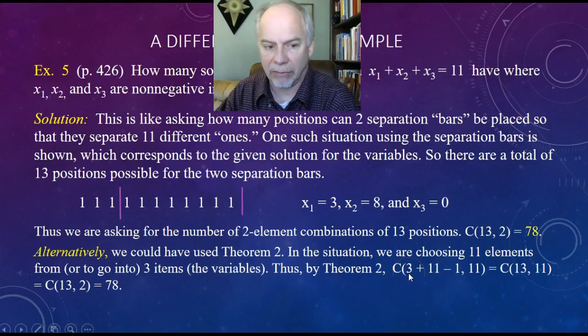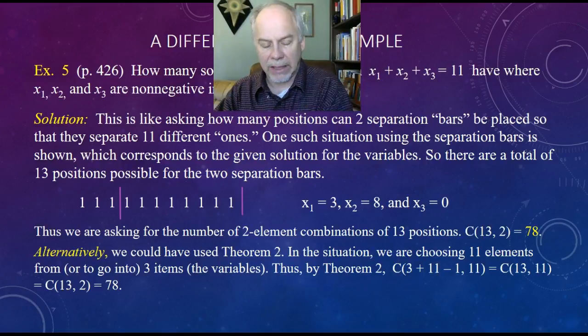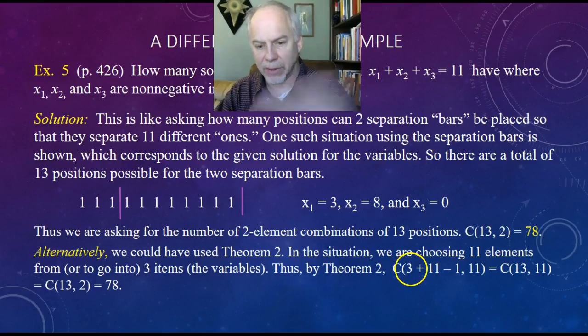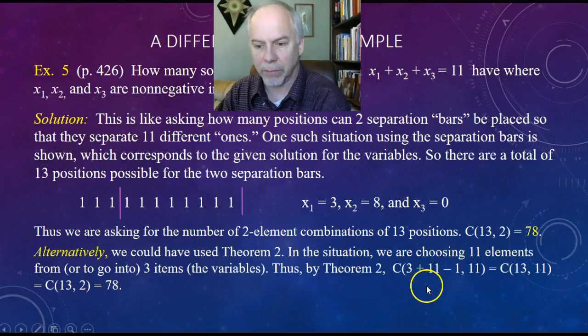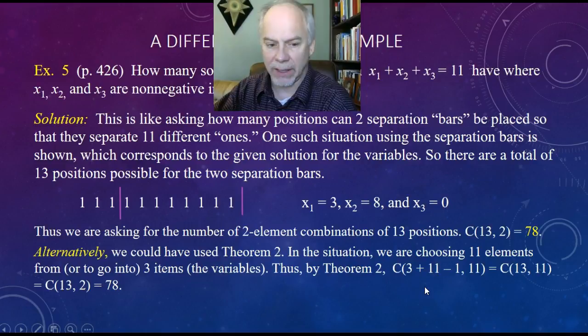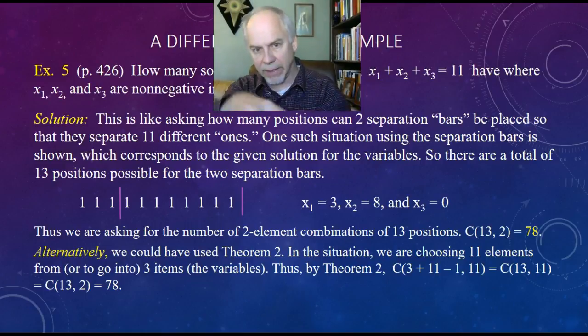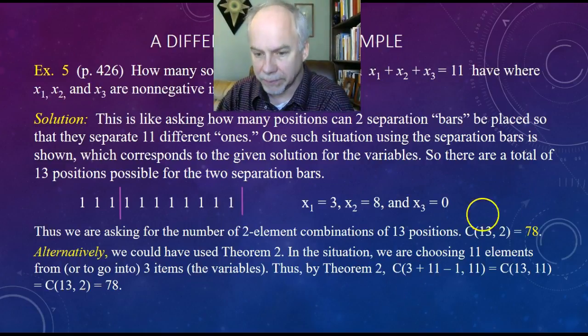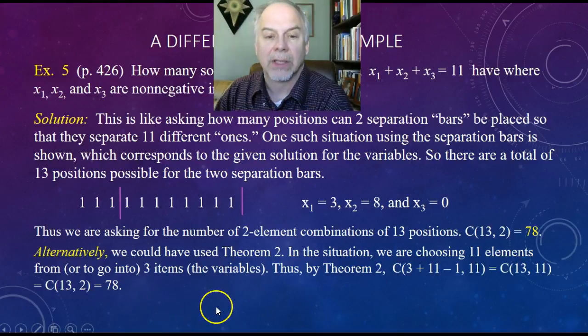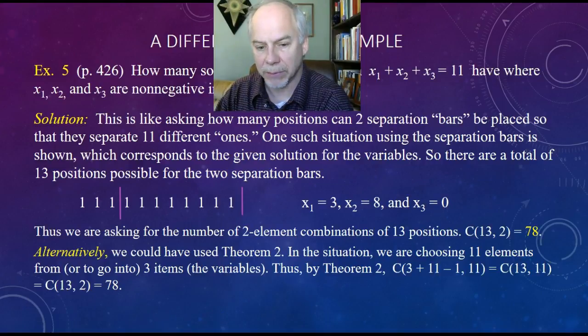And so you have three elements where you could repeat where you place those ones. So it's like you're choosing 11 things, and you're choosing as many as you want to go in the variables. So by theorem 2, you end up with C of 13 comma 11, which is the same as C of 13 comma 2. So interesting how you can look at things differently in these problems.